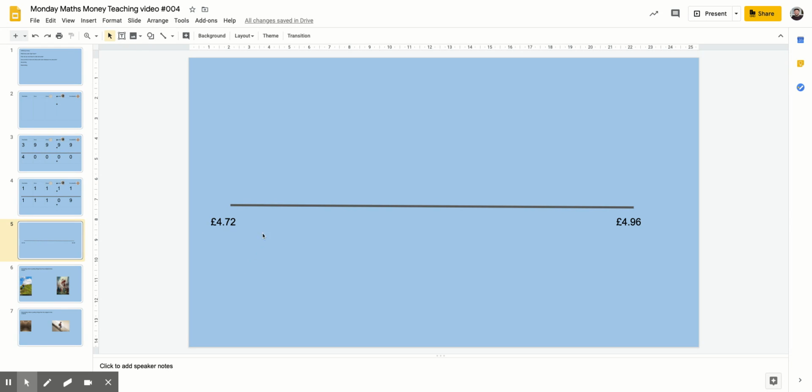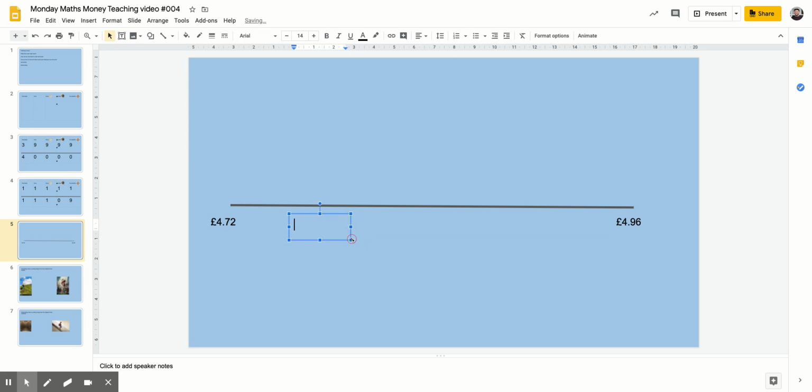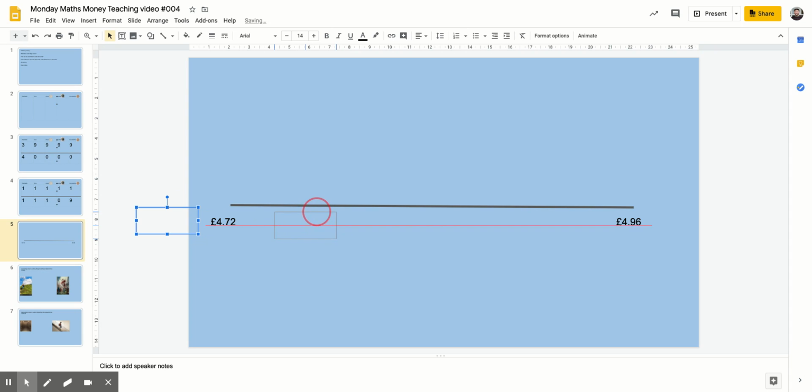Now, this always surprises me how it tricks people. So my value I put here has to be above £4.72 but below £4.96 because it's got to fit in between them. Anything above £4.96 would go over here. Anything below £4.72 would go over here. So it's got to be in between.